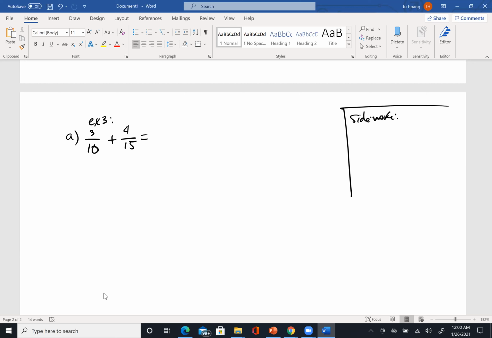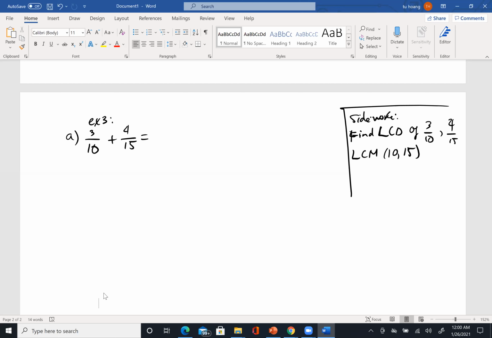I have to find the LCD of these fractions, 3/10 and 4/15, right? Which means you are looking for the least common multiple of 10 and 15, because those are the denominators of these fractions.